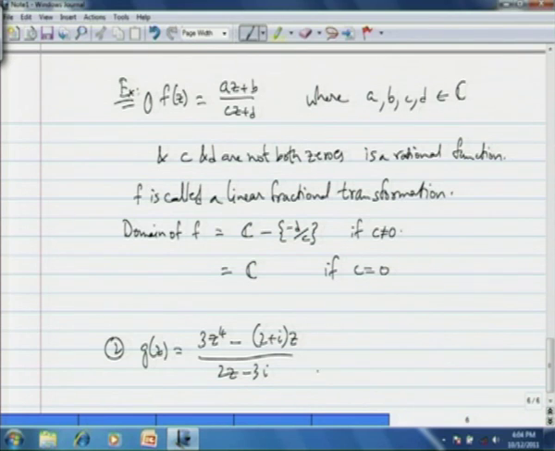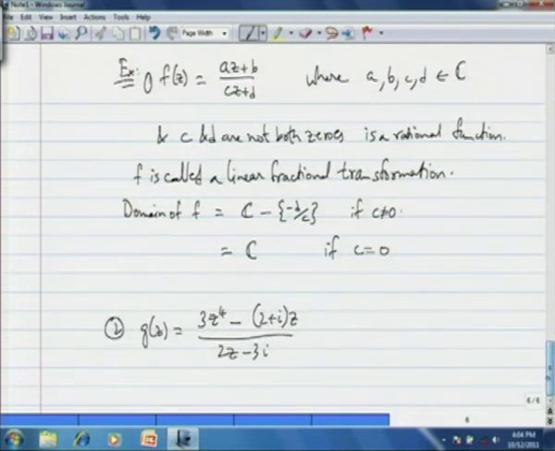So, this is a rational function defined for each z belonging to the complex plane minus the point 3 I by 2. Okay. So, at 3i/2 the denominator assumes a value of 0. So, we remove the point 3i/2 and the rest is the domain for this g.